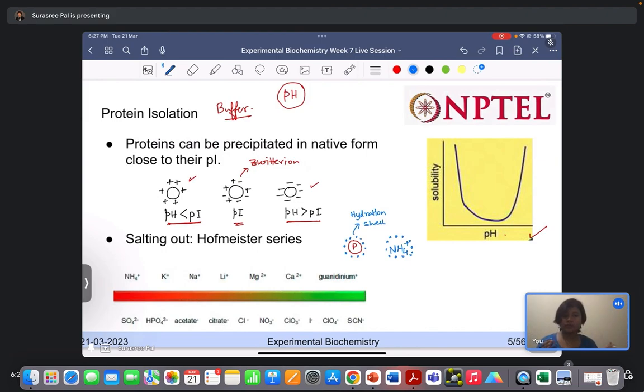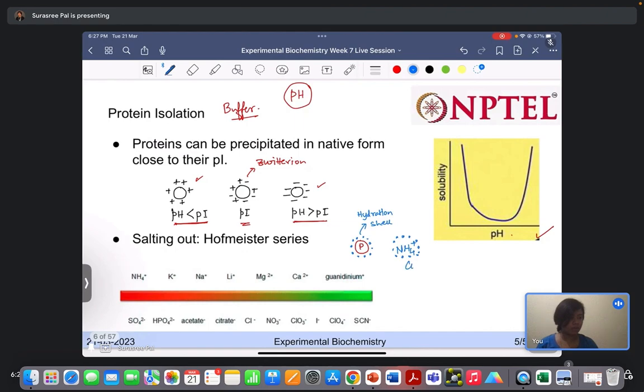So the more ammonium ions we pour into the protein solution, the more of the water molecules will go away from the protein, and start covering the ammonium ions. It will start forming the hydration shell around the ammonium ions, and as we increase the concentration of this ammonium ion, more and more water will be drawn away from the protein molecule.